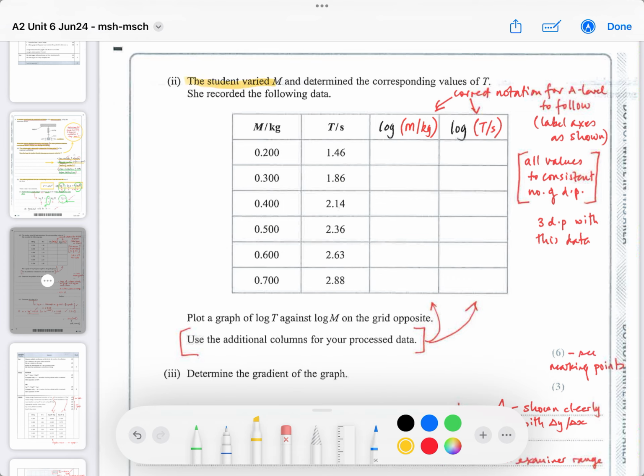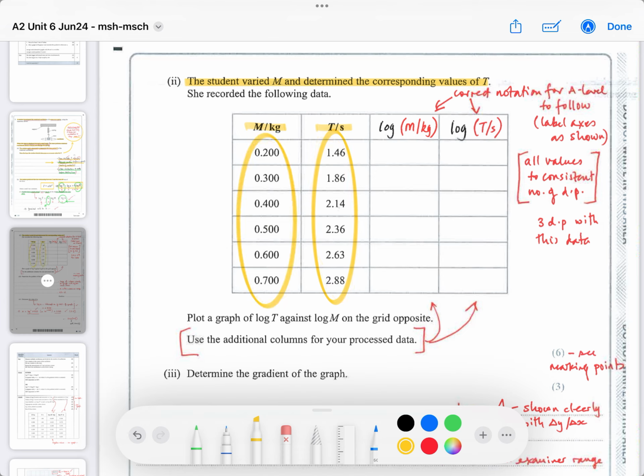The student varied m, the independent variable, and determined corresponding values of T, so measured T, the dependent variable. She recorded her data, m in kilograms, T in seconds, to a consistent number of decimal places. I think we need to start focusing on decimal places.